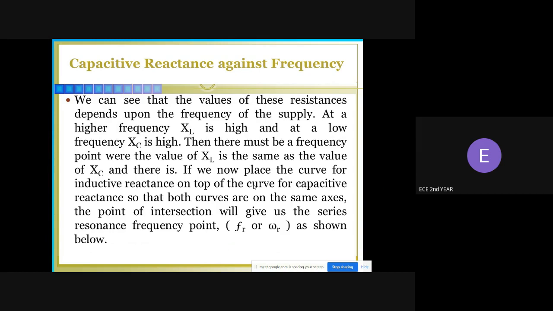We can see that the value of these reactances depends upon the frequency of the supply. At a higher frequency, XL is high, and at a lower frequency, XC is high. That is inductive reactance and capacitive reactance.